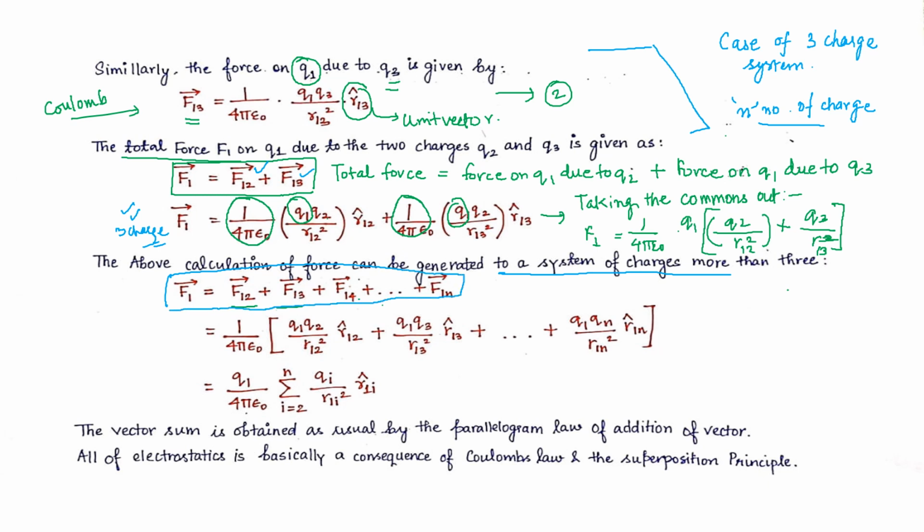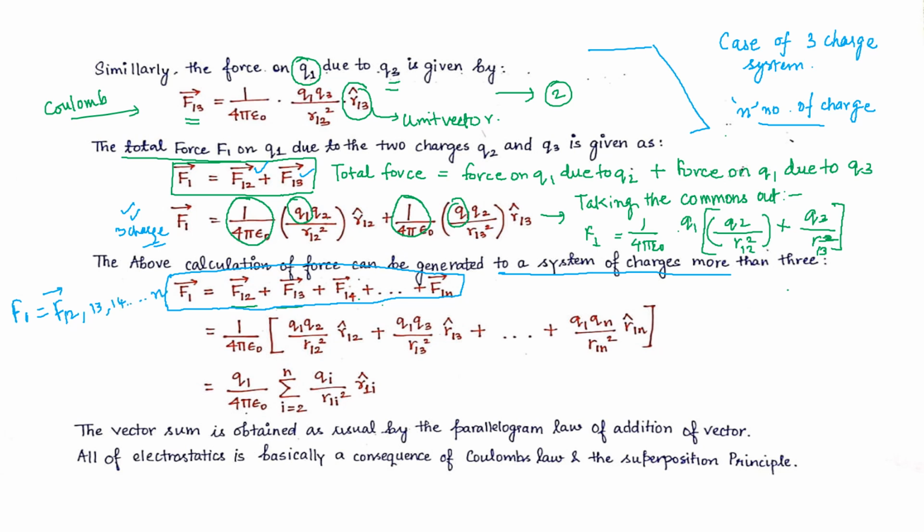The format is force on a single charge, let it be charge 1. Force on charge 1 equals force on charge 1 due to 2, due to 3, due to 4, and keep on going till n.